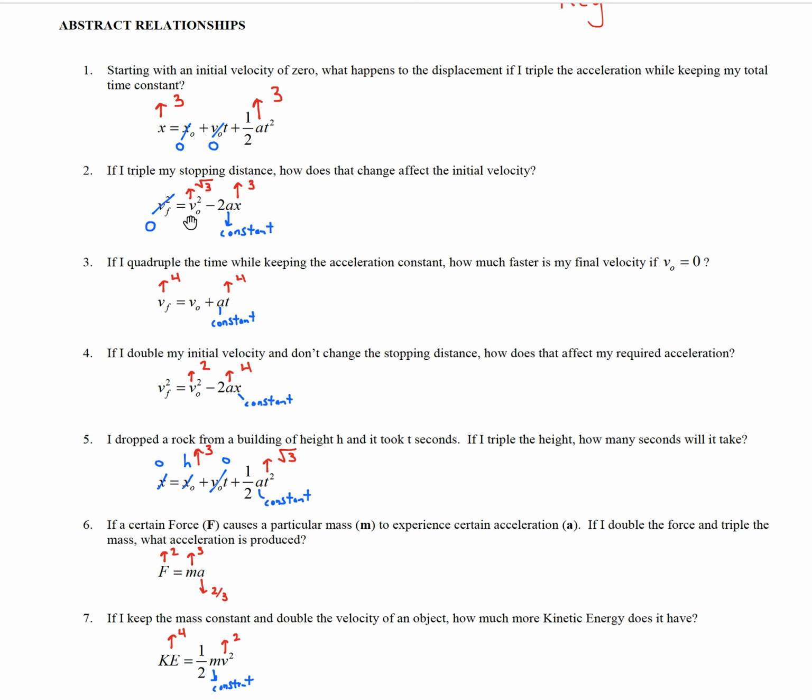V squared is related to x. So making x go up by 3, you can only increase v naught by radical 3. That's a square root relationship or square relationship, just depends on which variable you're going to which way.